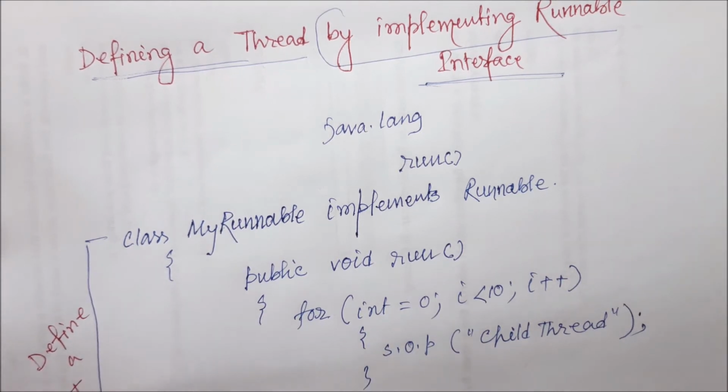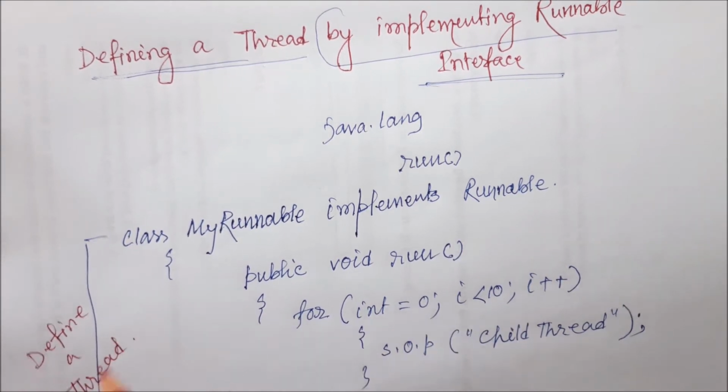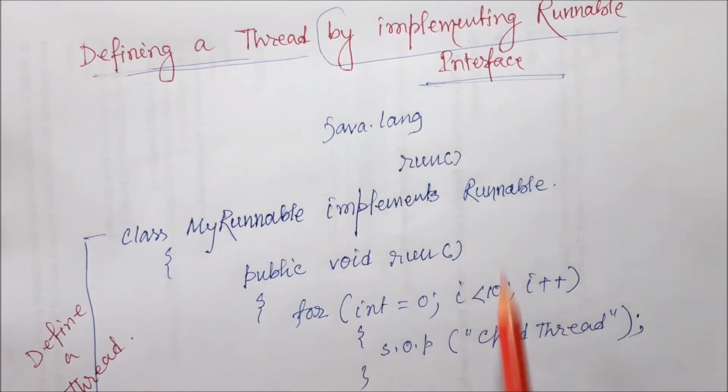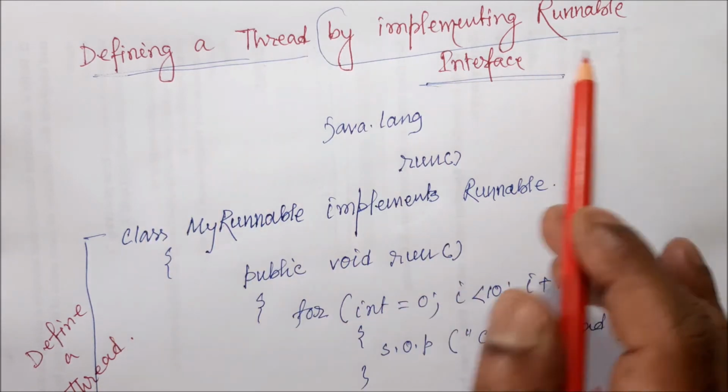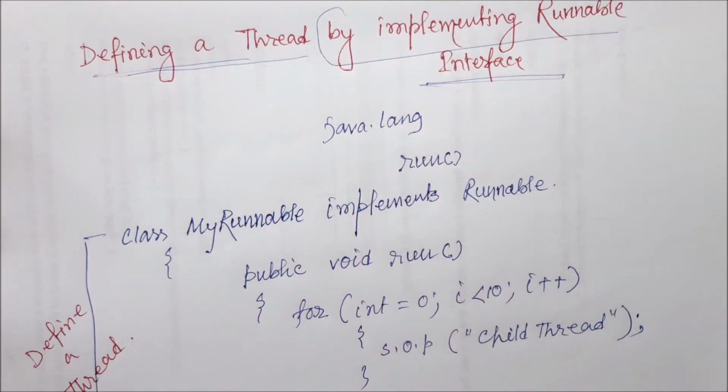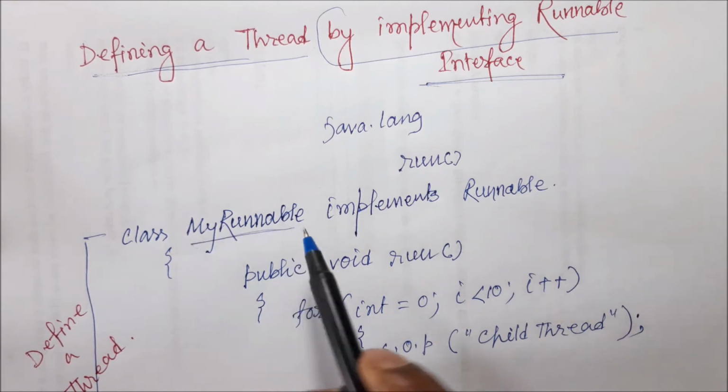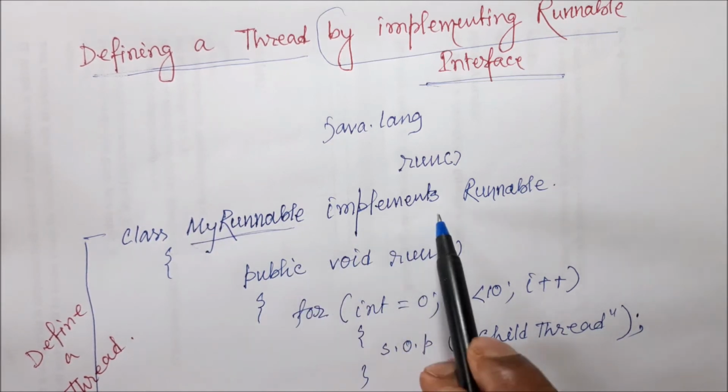In this way we can define a thread by implementing Runnable. You know that it is the new or born condition of a thread. Defining a thread means: class, then any class name, then implements Runnable.